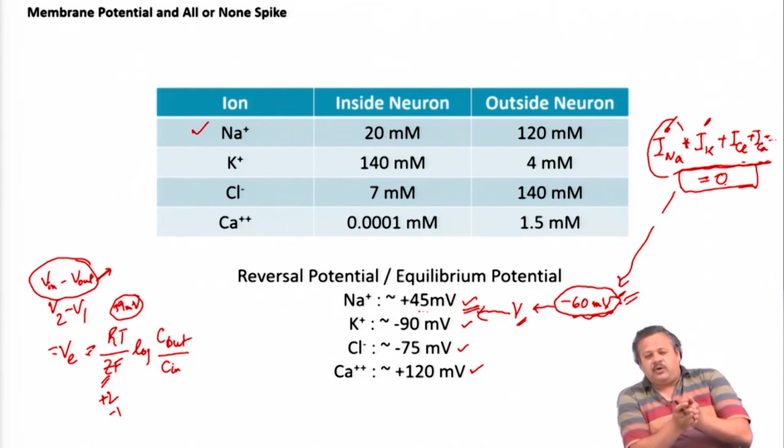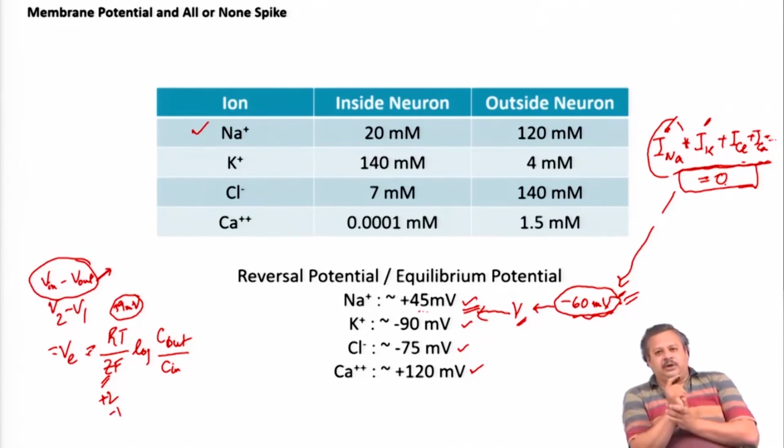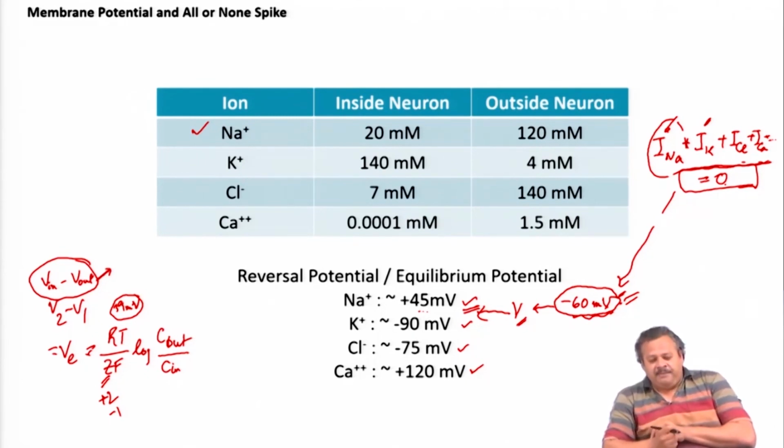So, when the membrane potential is different from that equilibrium potential, the ion will flow in such a way that the membrane potential will go from the particular value to the equilibrium potential. And at rest it is minus 60 millivolts, because the net current is 0 at that point, and that current is determined by the amount of conductance available for the different ions at play at that particular potential.